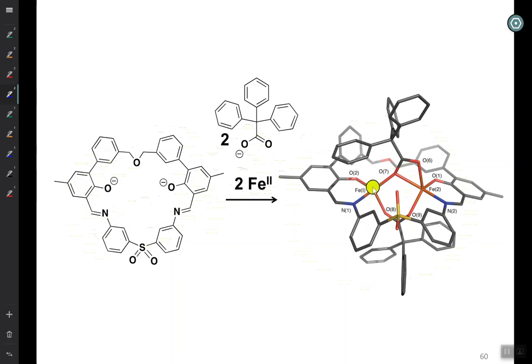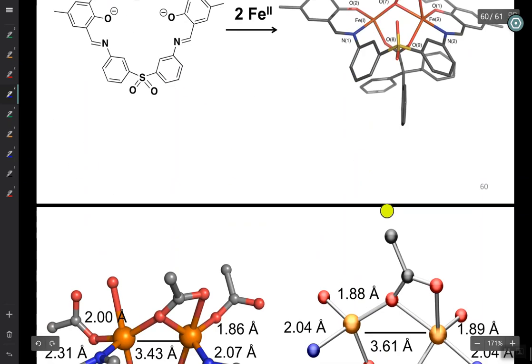So the irons are now bound to the oxygen and nitrogen chelates that are shown here, and then you have a carboxylate that's on the bottom face of the structure that's bridging, and then a carboxylate on top that's also bridging, but in an eta-2, eta-1 kind of bridging motif.